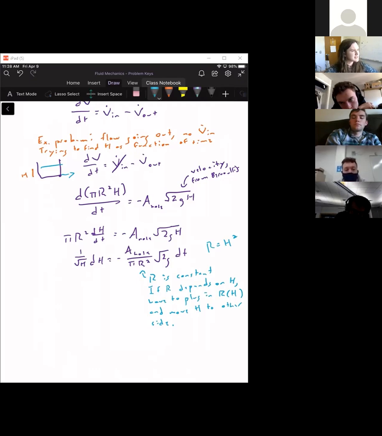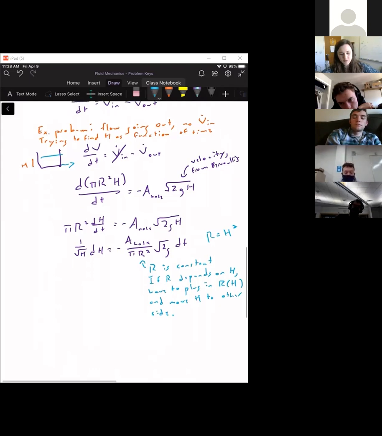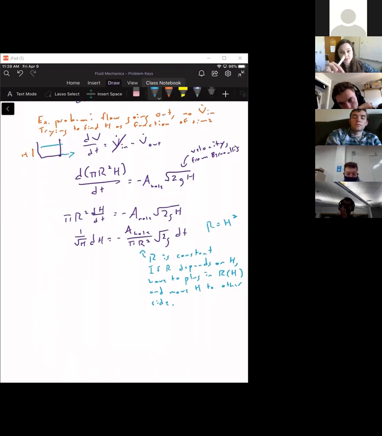So you could, honestly, keep it in there. And then you would integrate and you would just get r squared h on one side, and then you would have different boundary conditions, and you should come out to the same thing. But I feel like this is more straightforward. All right, thanks. So the important thing is if r depends on h, you have to put in whatever the h expression is before you integrate.